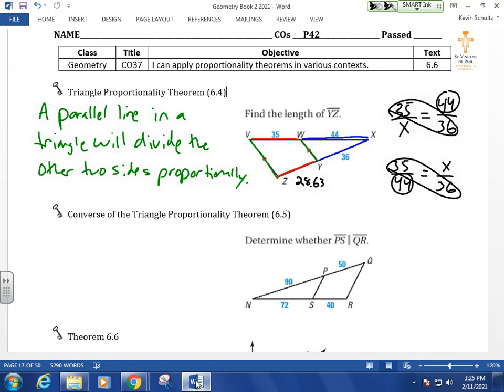Theorem 6.5, the converse of the triangle proportionality theorem. We've talked about the converse of things before.